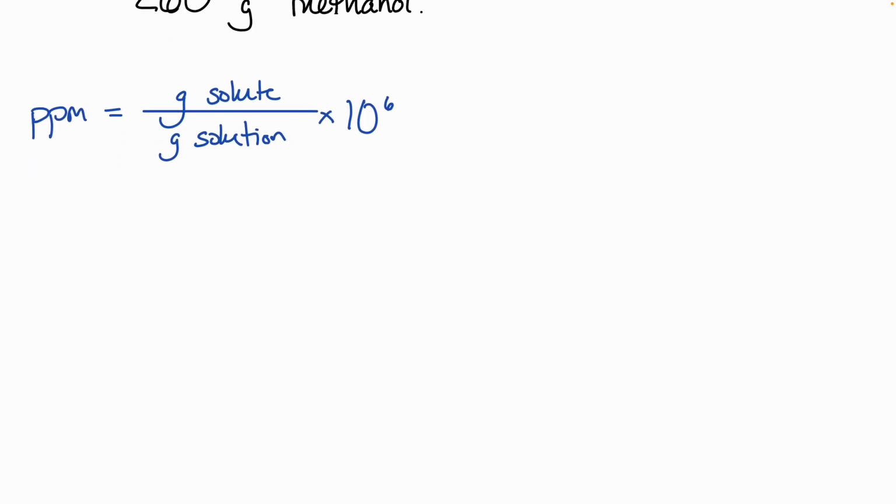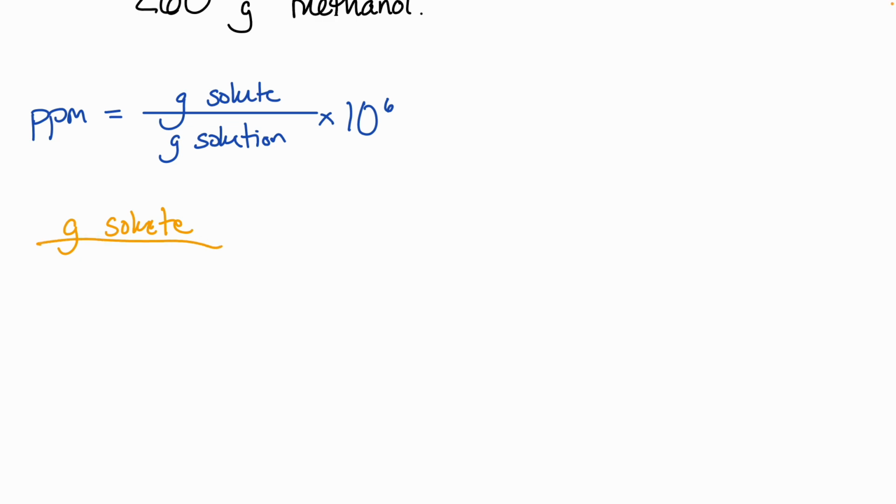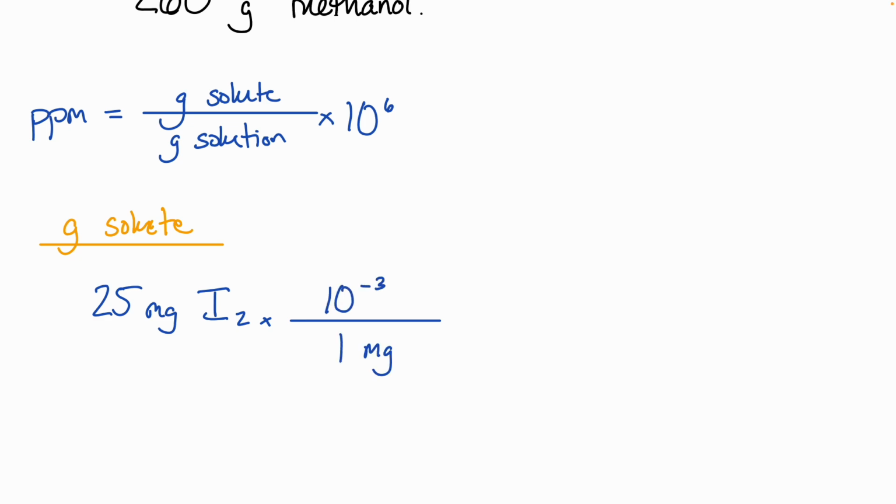So we need grams of solute, and currently we have milligrams of solute. So we're going to have to do our metric prefix conversion. All right, 25 milligrams of I2. I'm going to convert that to grams using the fact that 1 milligram is 10 to the negative 3 grams.